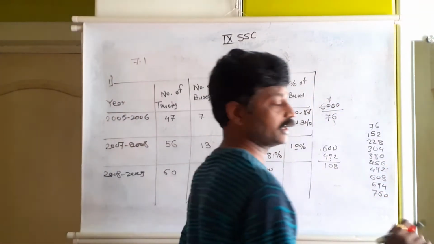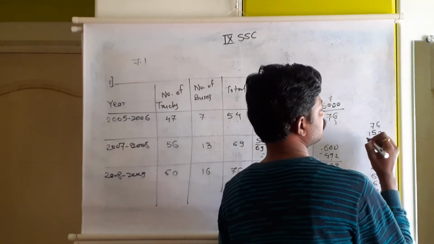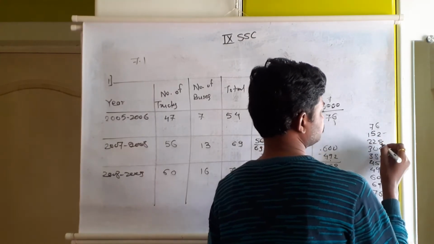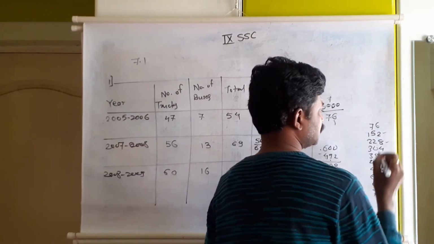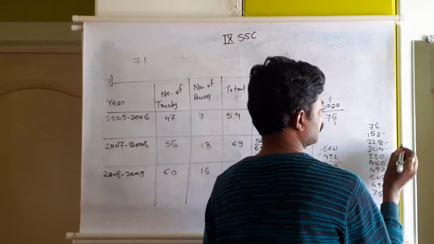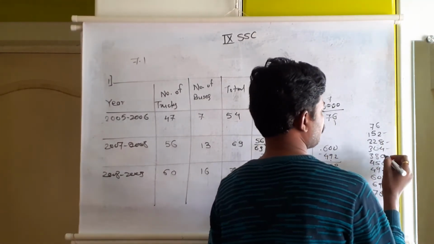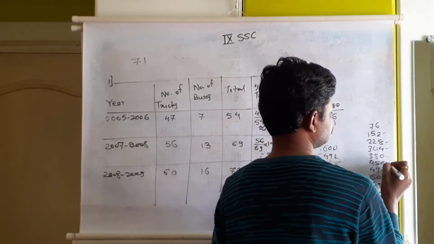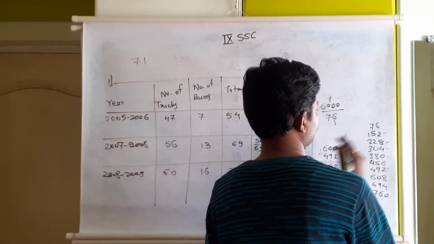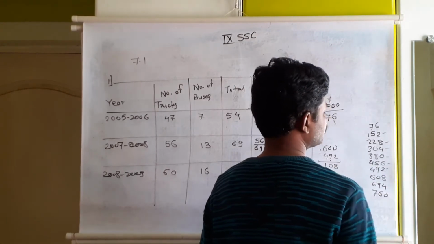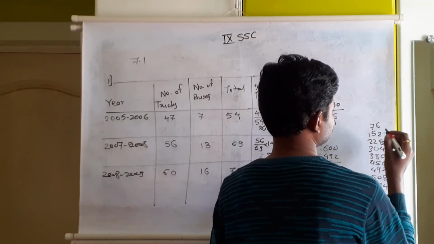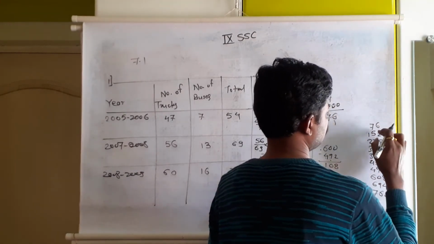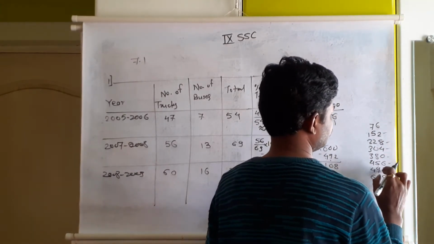Let us check the table again. 76 2 za 152, correct. 3 za correct. 4 za correct. 5 za correct. 6 za correct. 7 za, here is the problem. 7 za is written wrong.